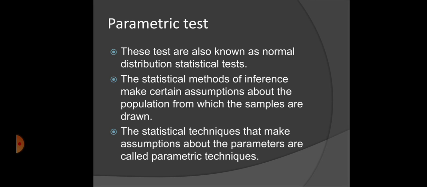That means the parametric tests are also known as normal distribution tests. Normal means in which we have to use normal scales and normal parametric measures to use the statistical measures. We use various assumptions which are helpful in the parametric techniques.